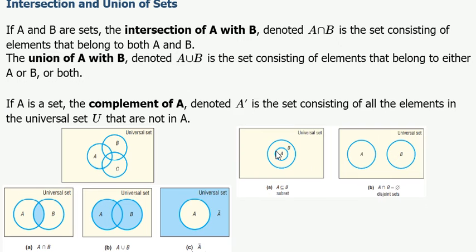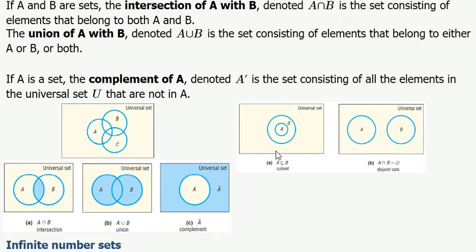If A is a set, the complement of A, denoted A dash, has all the elements in the universal set that are not in A. Some of the pictures and mathematical figures are worth remembering for going forward in the mathematical thinking process.